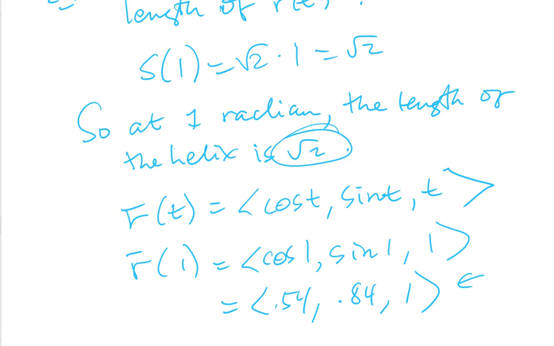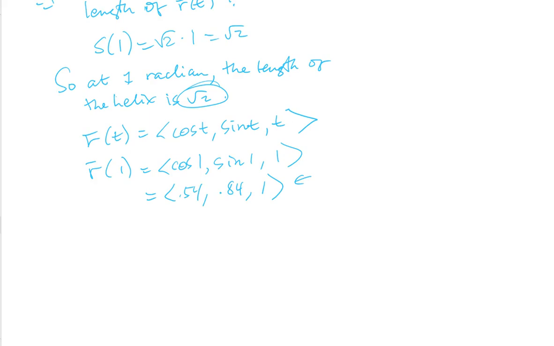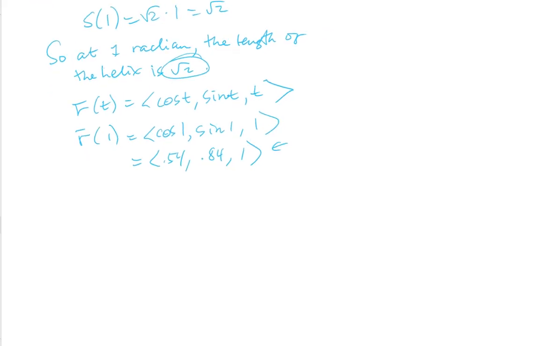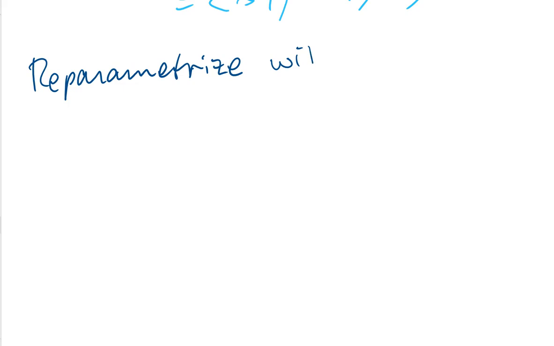Okay, with that said, we can reparameterize it in terms of arc length. What this means is that we're using a different parameter to parameterize our curve with respect to arc length. I'll show you the advantage here in a second.